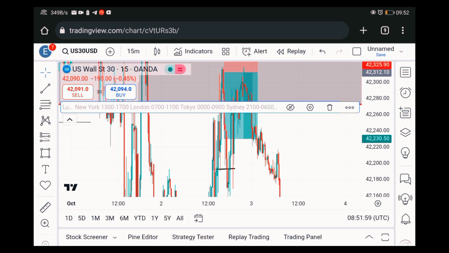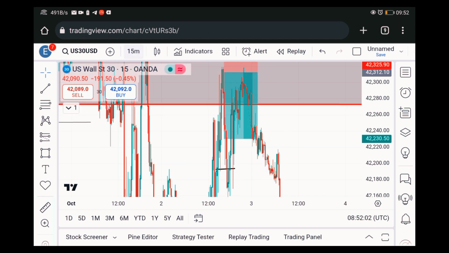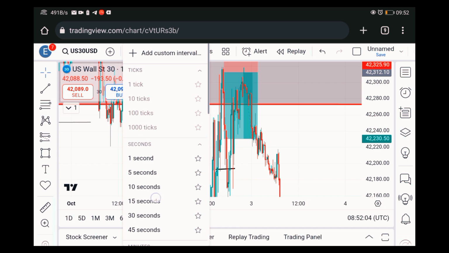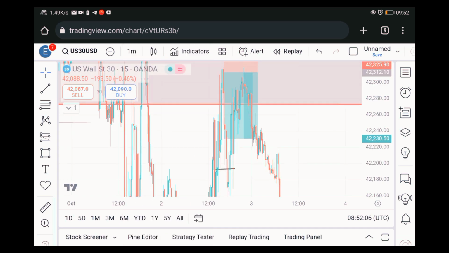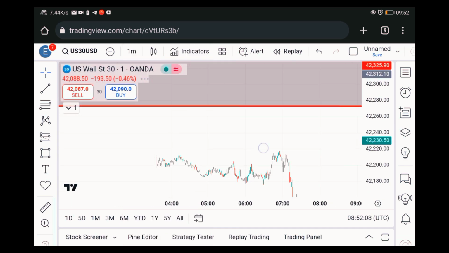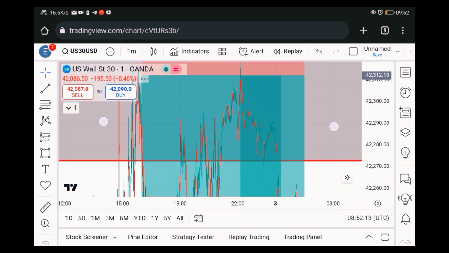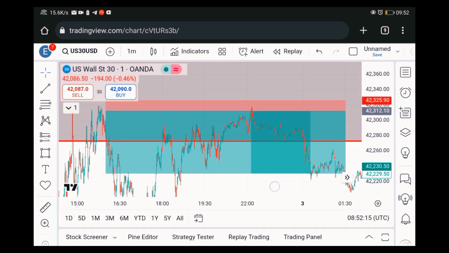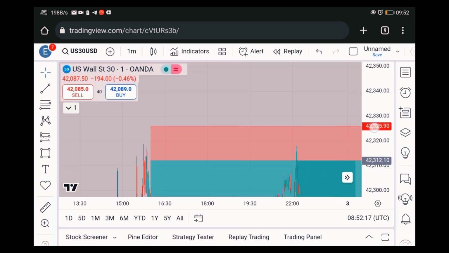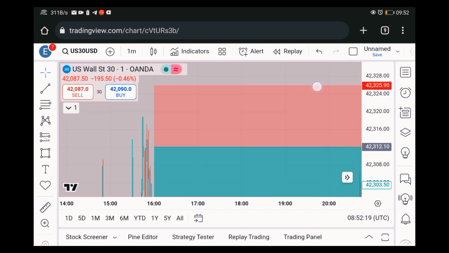Because when I went to my 1 minute chart, everything was clear. Let's see how it goes on my 1 minute. So right here, I'm on my 1 minute.